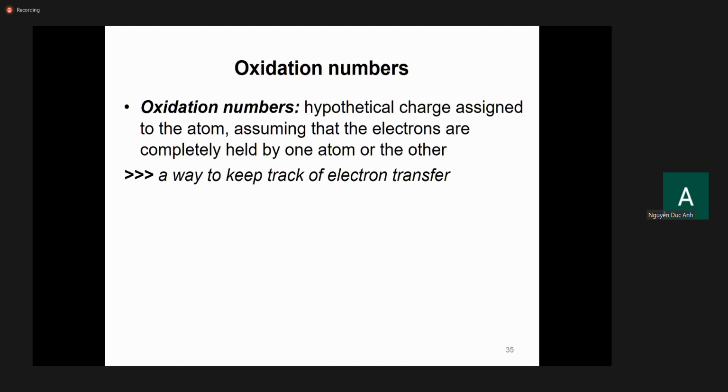This means that you have A and B, and now you consider all the electrons belong to one of them.